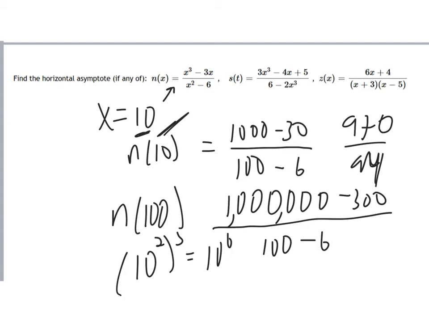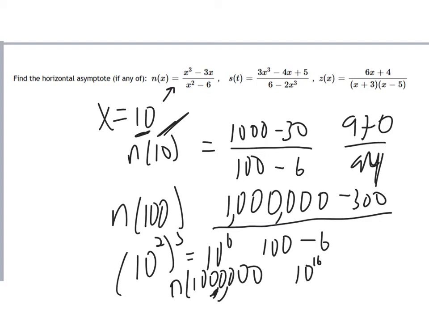So what happens is as x gets bigger and bigger and bigger, if I want to find n of a million, say, I need one more zero and move that comma. Sorry about that. That would be 10 to the 18th, right?